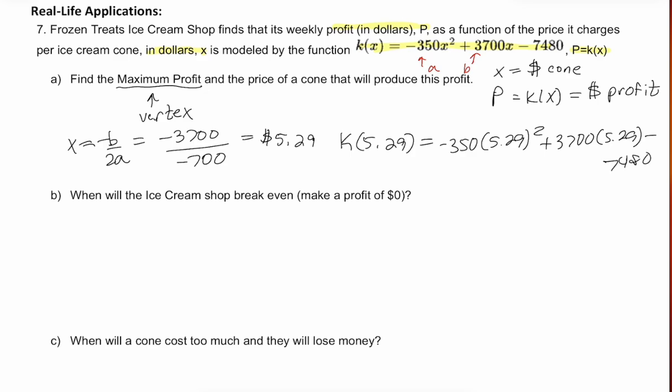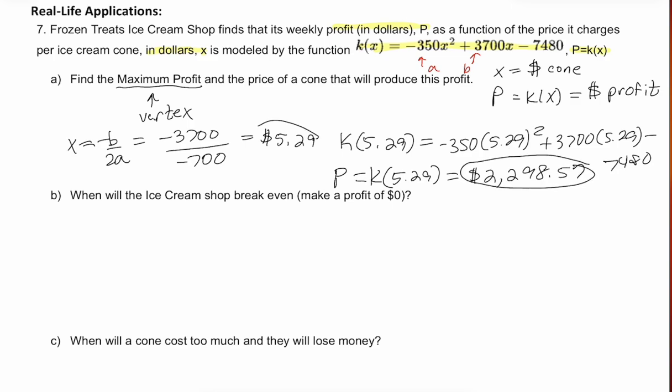Okay, so let me put that into a calculator for you. And we get that the profit when we charge $5.29 for a cone, rounded to the nearest penny, is $2,298.57.